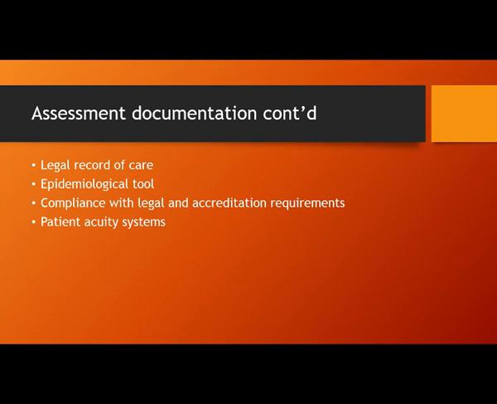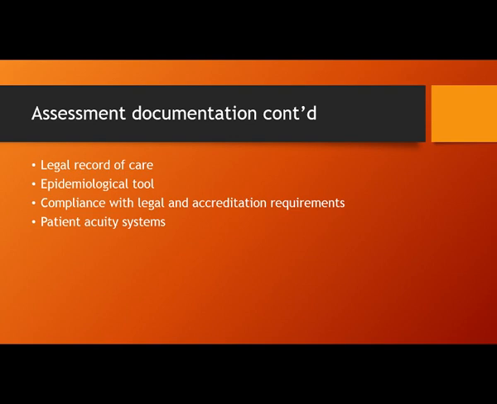The record can also be an epidemiological tool. Many times you wouldn't know until later, but maybe there's a need to trace where a disease spread from or who it spread to. And so the documentation can be a valuable tool for that.